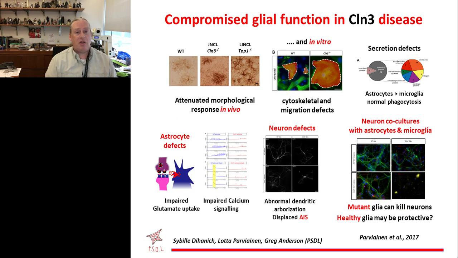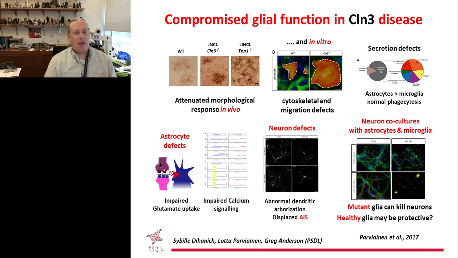So this work started, and I'm going to talk first about CLN3, was that looking at the brains of these mice, we found that whilst astrocytes were becoming activated to the point they were upregulating the expression of a marker called GFAP, they weren't actually changing their shape normally. So at the top there, we can see a wild-type healthy mouse in which you see a palely stained astrocyte that looks a bit like a firework burst going off.